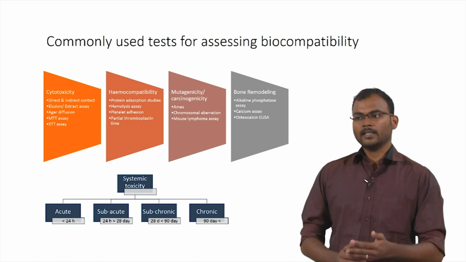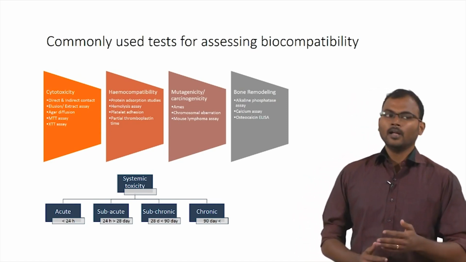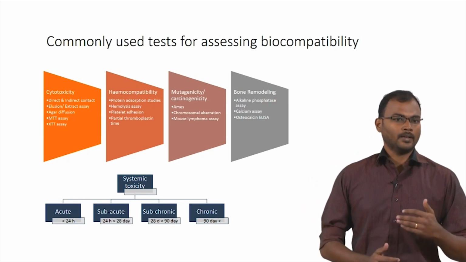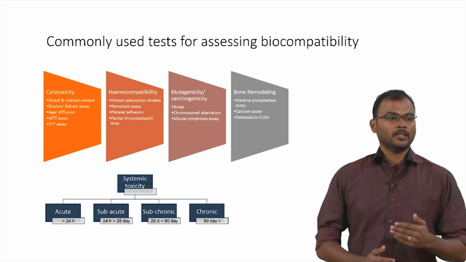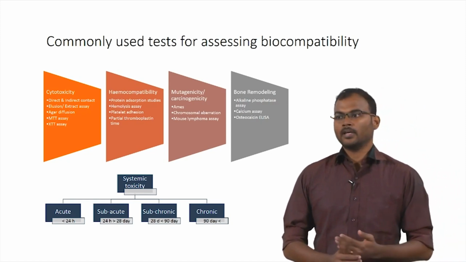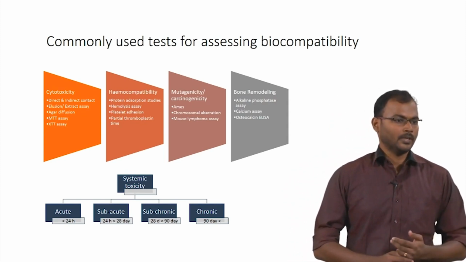If there is an increase in these factors, you can estimate them using these assays and find whether whatever your material is introducing has an effect on improving bone cell integration within your scaffold.